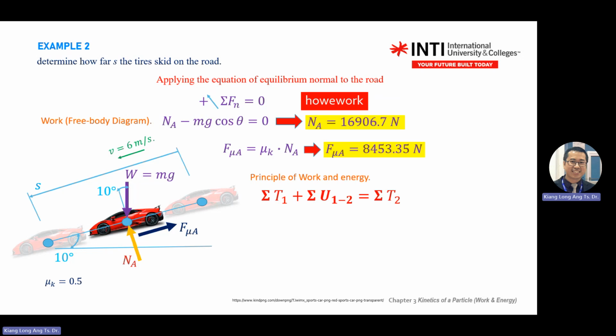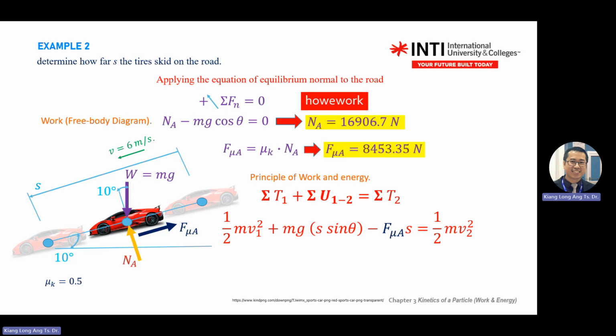As long as you write the principle of work and energy, there's a work component and an energy component. Okay, substitute all the values. You know T1 is half mv squared. Work, in this case, you have two: one is weight, one is friction doing work.